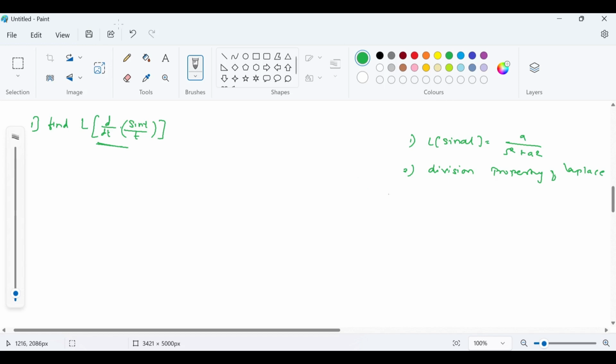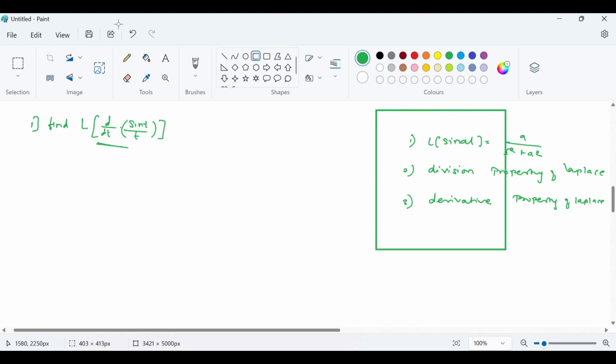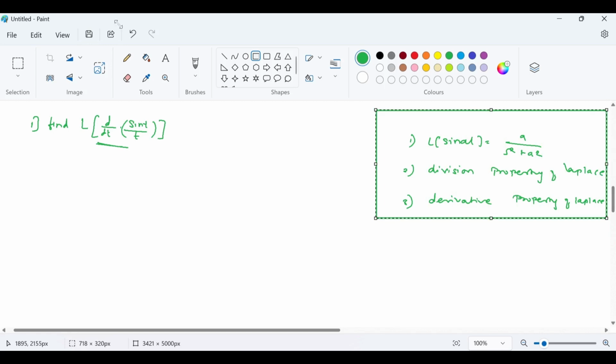This is second, and third, we are going to use the derivative property of Laplace. So in this example, we are going to use these three simple steps to find the answer, right? So let's get started.